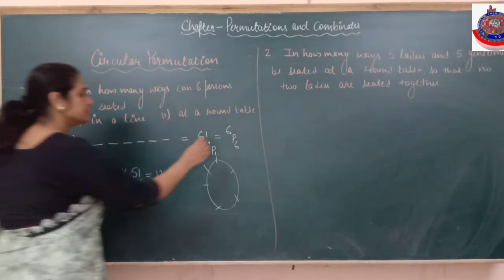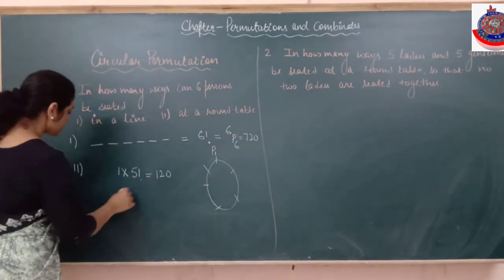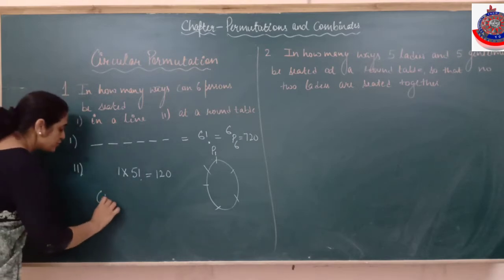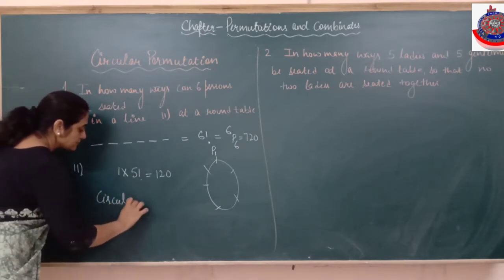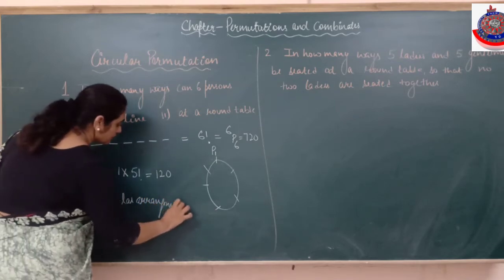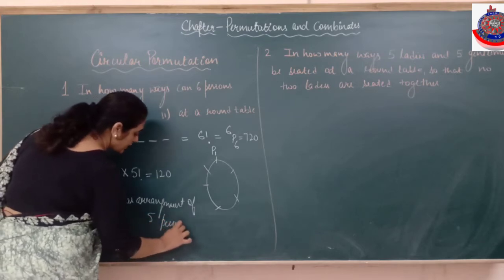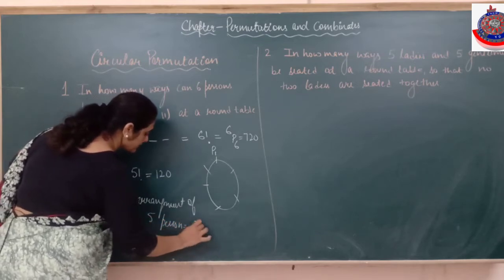Alright, 6 factorial. So that means all I can say, because 5 persons are there, circular arrangement of 5 persons will be 5 minus 1.